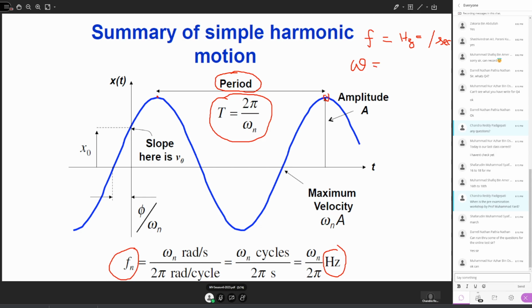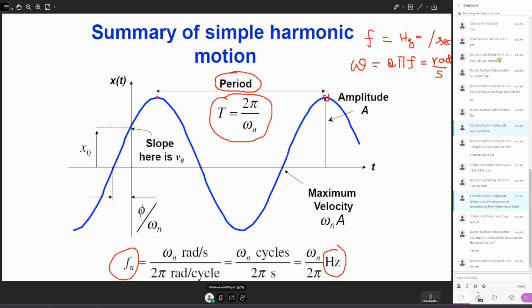If you multiply this f with 2 pi, you will get the circular frequency, 2 pi f. The unit for this will be radians per second. We also call this angular velocity. So this is how the angular displacement varies with respect to time.